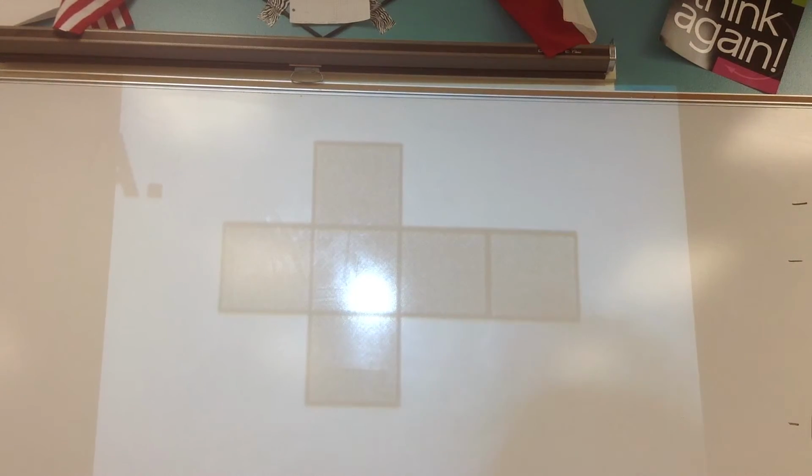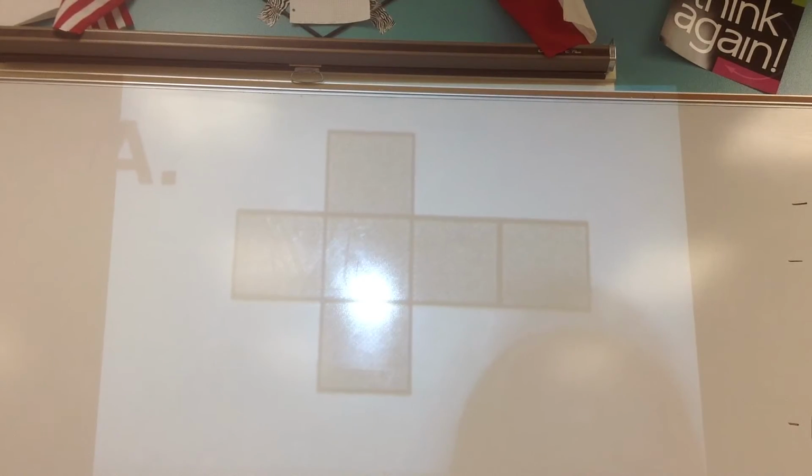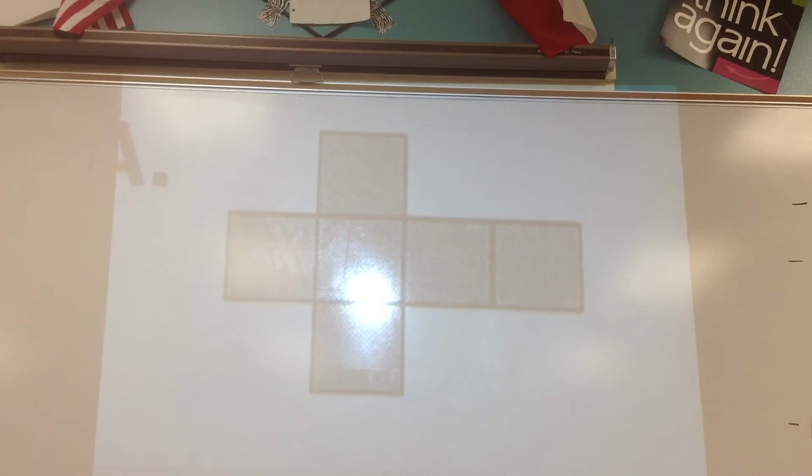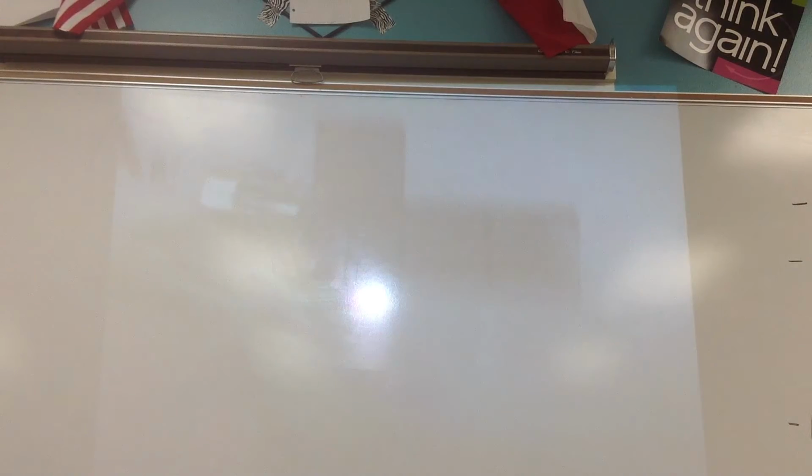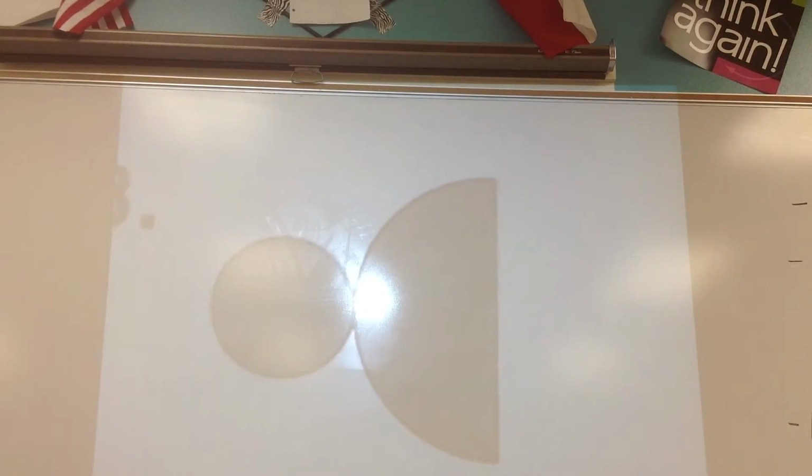And you'll notice I have 2 squares over here. So I'm going to fold those straight up. And this first square will make the right side of my cube. And then this very far right square will make the top of my cube. So that's kind of our standard cube net. And that's what most people think of for a cube net. But again, there's more than one option for that.